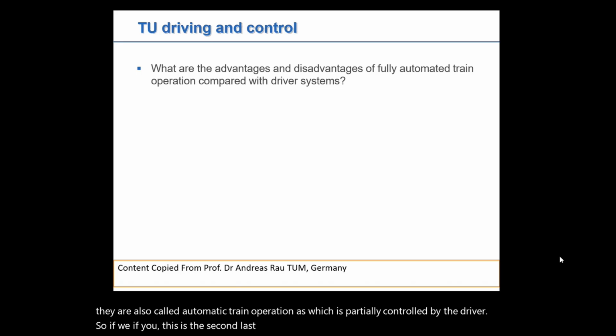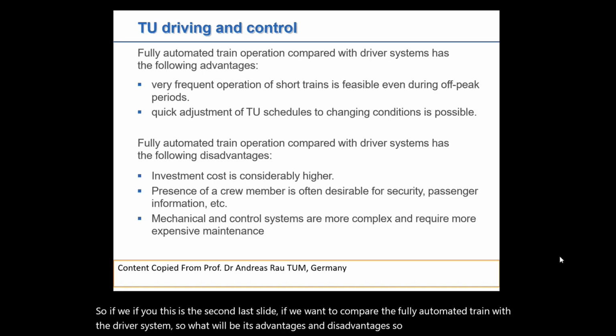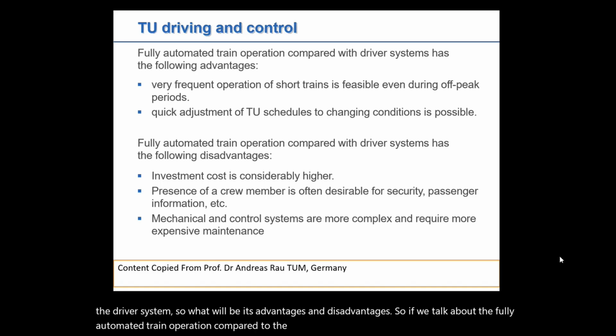So this is the second last slide. If we want to compare the fully automated train with the driver system, what will be its advantages and disadvantages? Before going into detail, a lot of studies have been done.